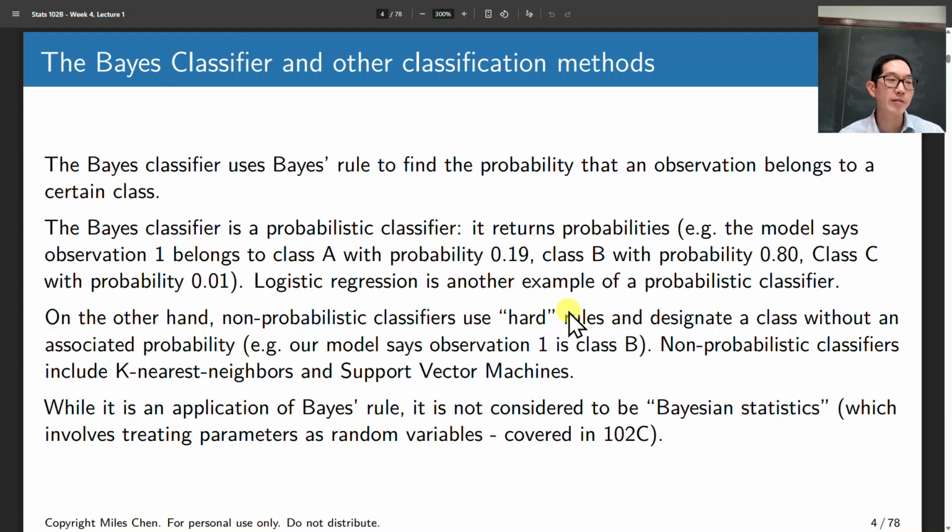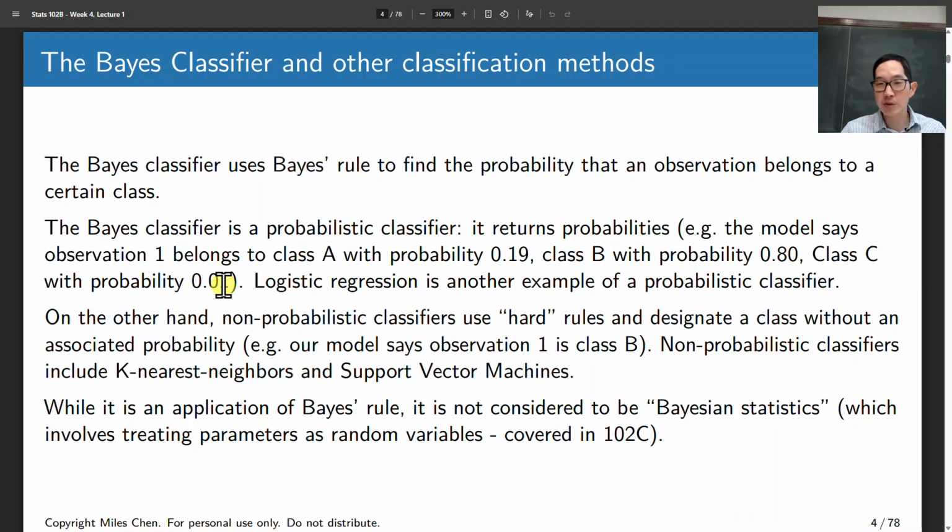If you have, let's say, 3 possible labels, like label A, label B, and label C, then what the Bayes classifier will return is a vector of probabilities that will add up to 100%. So you might get probability 19%, 80%, and 1% for A, B, and C.